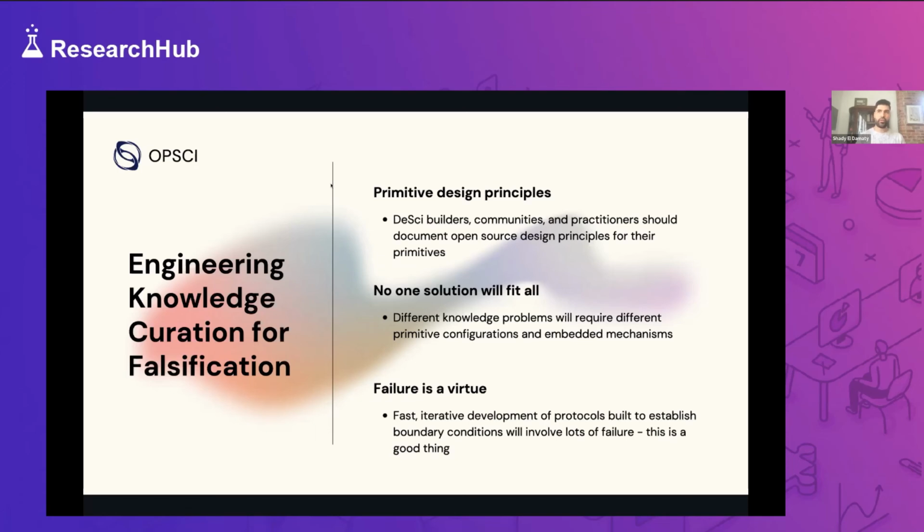It's also really important to get away from this tyranny of a holistic solution, or the imminence of a holistic solution. There's never going to be one DeSci DAO. There's never going to be one solution or one protocol or one set of parameters that's going to fit all fields of science, because different knowledge problems are going to require different primitive configurations and different embeddings.